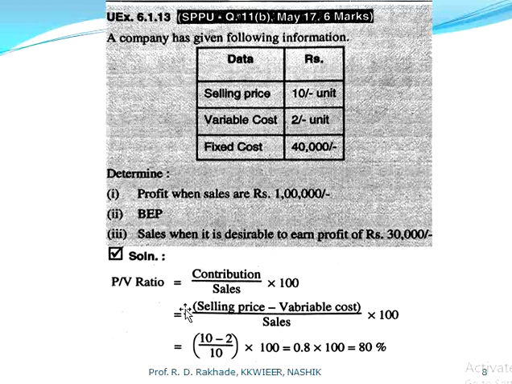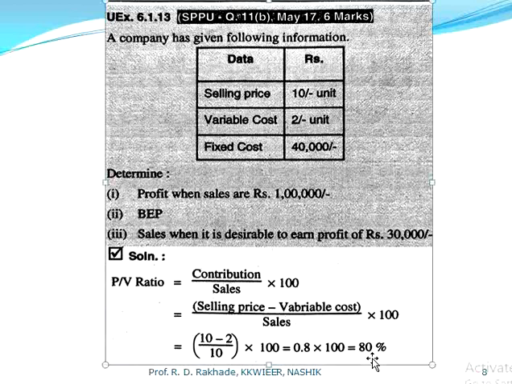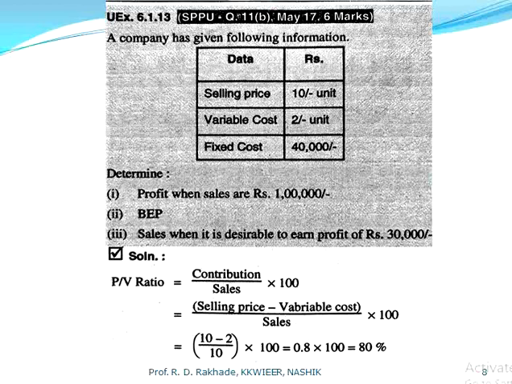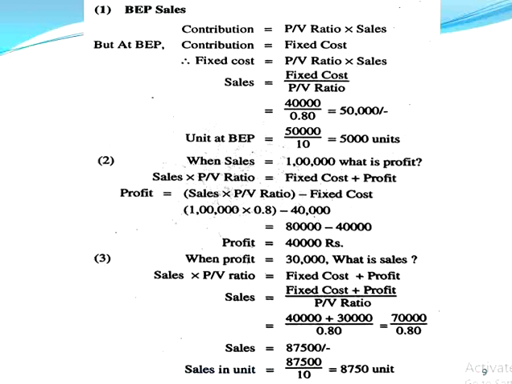Profit volume ratio is contribution to sale into 100. Contribution is sale price minus variable cost. We have both: sale price 10 rupees, variable cost 2 rupees per unit, divided by sale 10, so we get 80%. So the profit volume ratio is 80%, and we can easily calculate the break-even point.